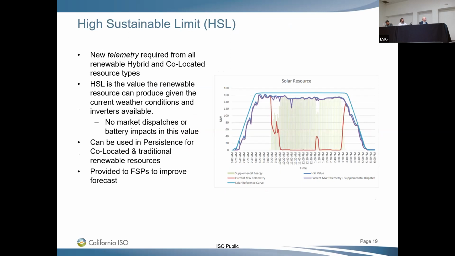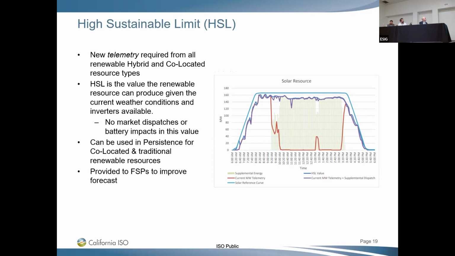So the high sustainable limit. This is the new telemetry requirement that is out for the California ISO on all hybrid and co-located renewable resource types. So the HSL, a lot of people come to me and ask, was the HSL a forecast? And it's kind of hard to say, because a forecast from a forecasting perspective looks farther in the future. Like, what is the output of the solar going to be at 2 o'clock today?